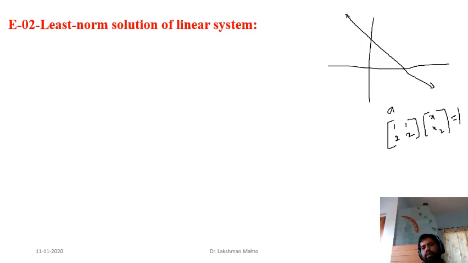1, 2, something like that. Or even 2, 4 also you can take, there is no issue. So 1, 2 is simply what I have taken here. What kind of equation is this?